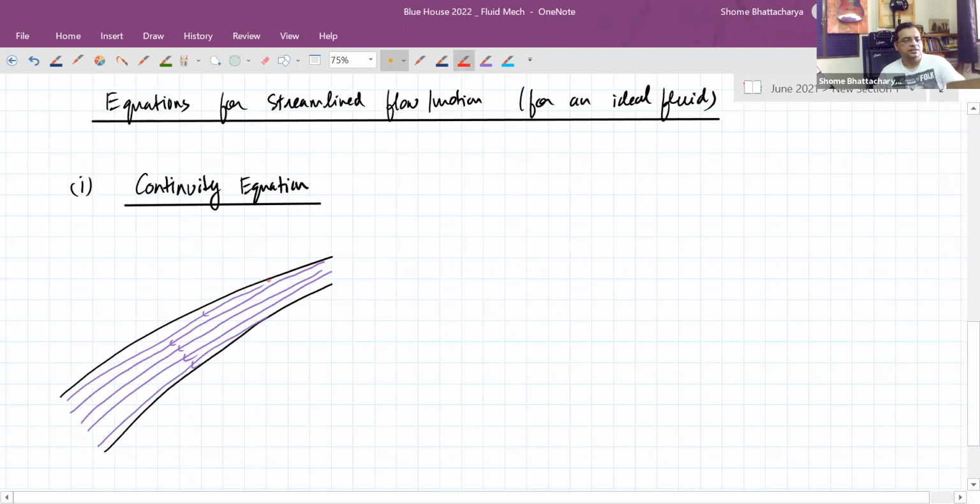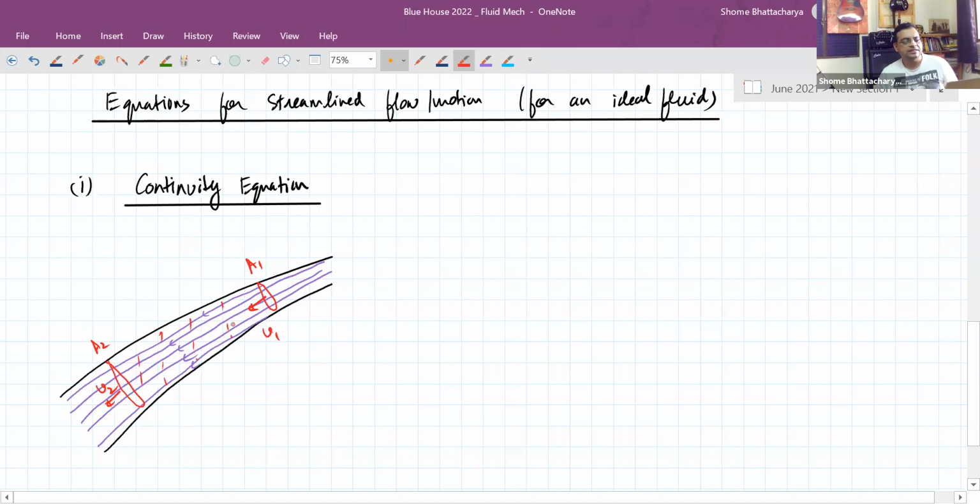Now consider a section of the pipe between this cross section here, which is of area A1, let's say, and the fluid is flowing through with a velocity V1. And select arbitrarily any other cross section A2, where the liquid is flowing through with a velocity V2. Now consider this section of the pipe in between. I'm just shading it out.